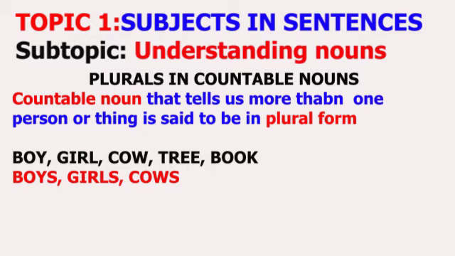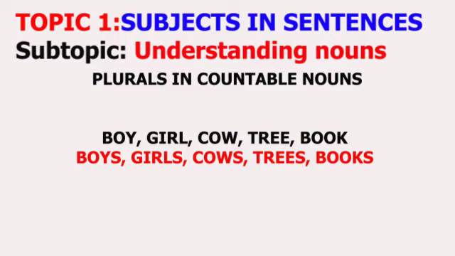Tree means one tree, but trees means many trees. Book means one book, but books means more than one book. So that is the concept of singular and plural.